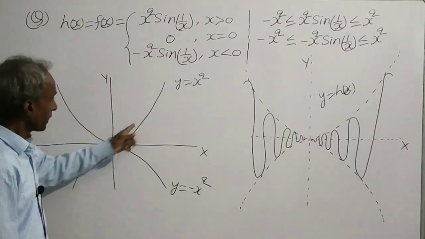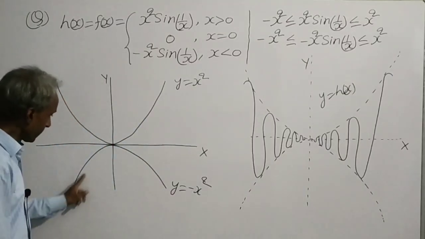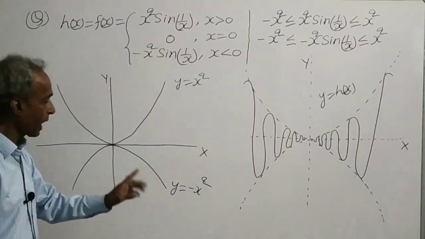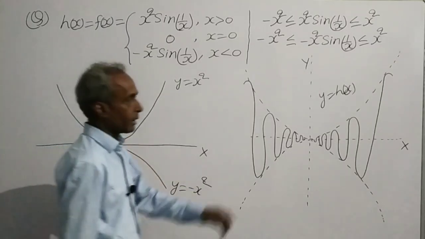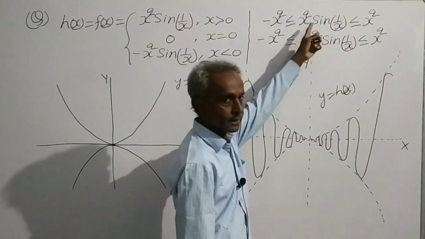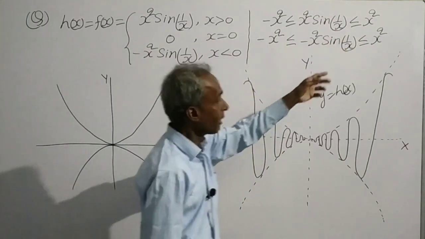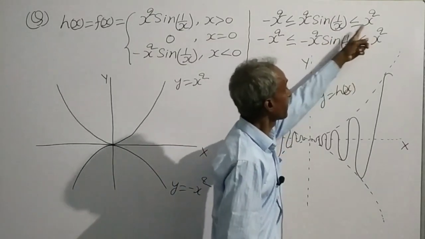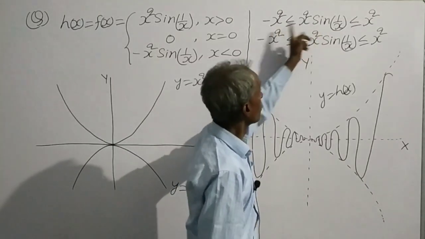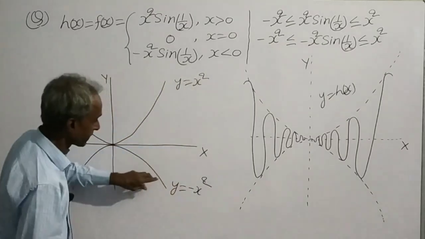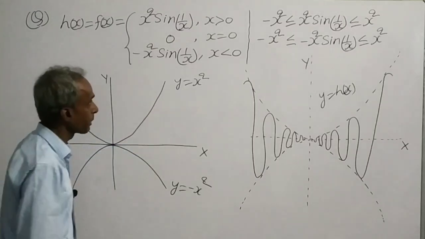This curve is the parabola y is equal to x square. This curve is the parabola y is equal to minus x square. This result says that x square sine 1 by x will always lie between x square and minus x square, greater than or equal to minus x square, that means either on this graph or above this graph.